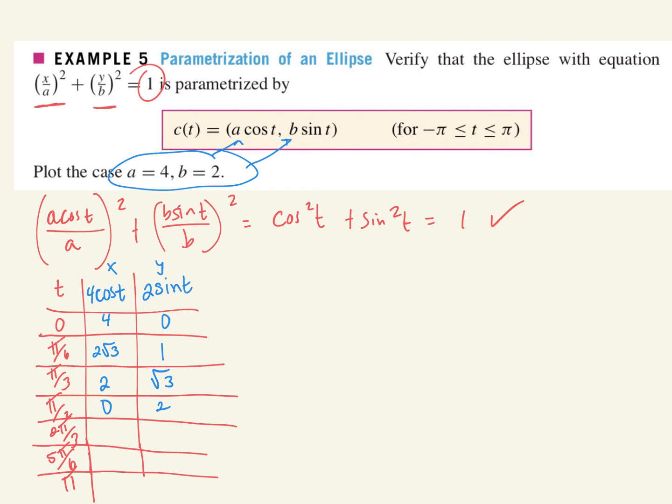At 2 pi over 3, now I am in the second quadrant, I would get a negative 2 for that, and a root 3. Then I would get a negative 2 root 3 and a 1, and then I would get a negative 4 and a 0.